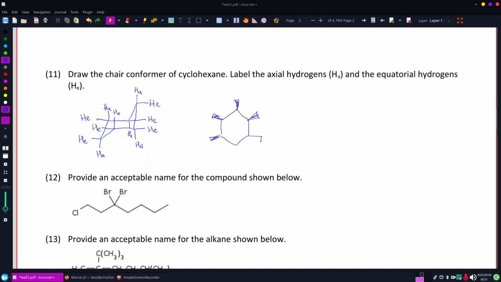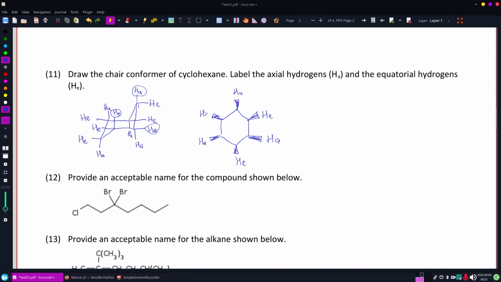Because this is going to be kind of weird in the sense that if I wanted to look at each one of these positions that's up on some of these, like if I decide this is my 1 position, I'm going to start here, up is HA. But if I come down here for 2, up is HE, up is HA, and they alternate all the way around.